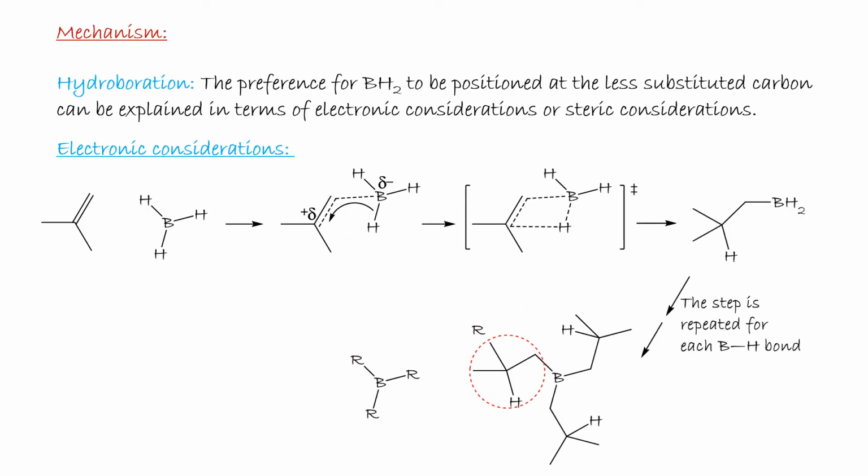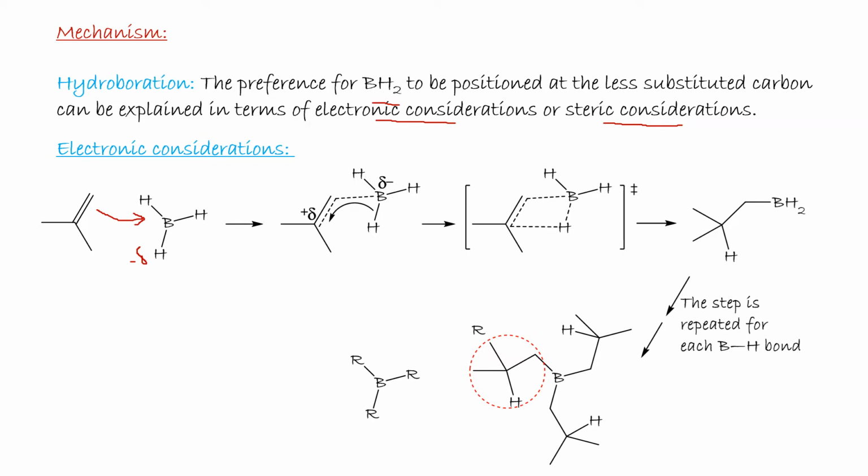Mechanism. In hydroboration, the preference for BH2 to be positioned at the less substituted carbon can be explained in terms of electronic considerations or steric considerations. In the first step, attack of the pi bond triggers a simultaneous hydride shift. However, this process does not have to be perfectly simultaneous.